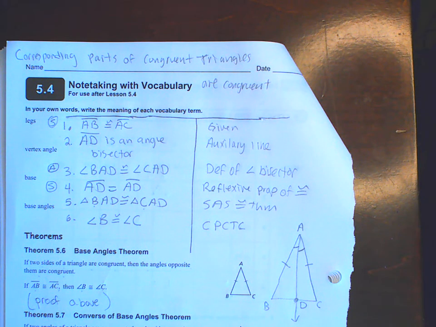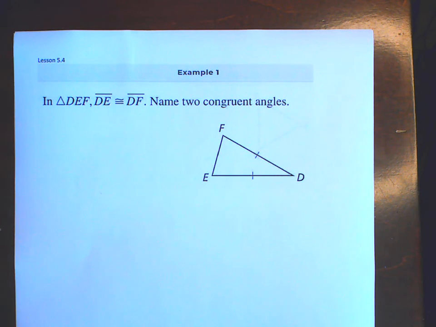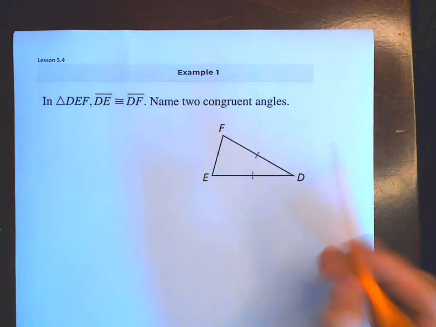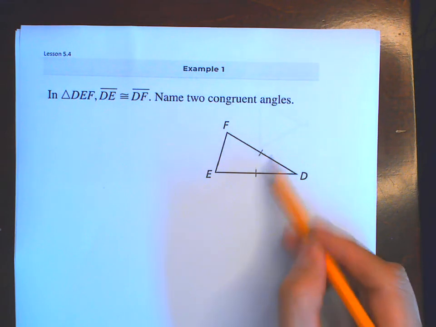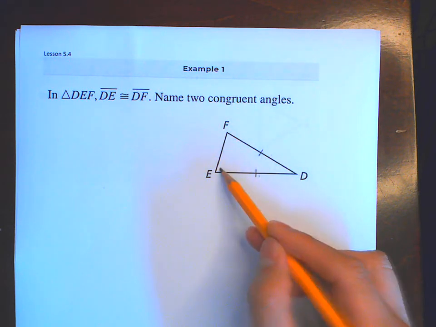All right, example number 1. In triangle DEF, DE is congruent to DF. Name 2 congruent angles. So here's the thing. One of the theorems that we did learn is the base angle theorem. Base angle theorem says if 2 sides are congruent, then the angles opposite of those are going to be congruent as well.